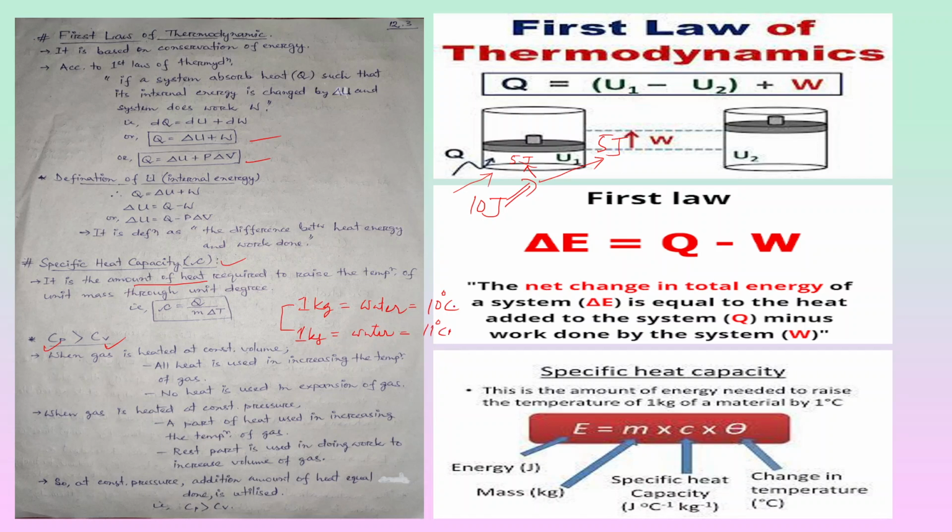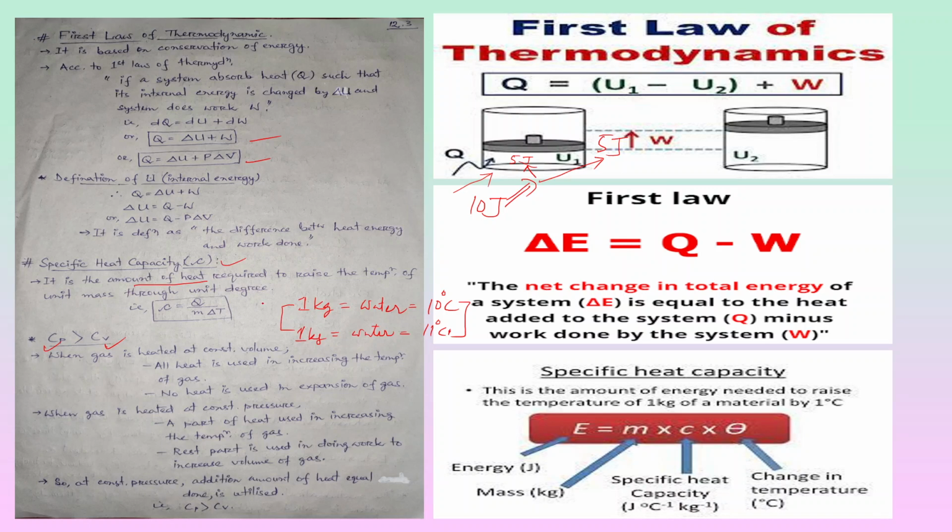If we take 1 kg of water and their initial temperature is 10 degrees Celsius and we want to increase their temperature from 10 to 11, and here we keep pressure constant, then what will happen?